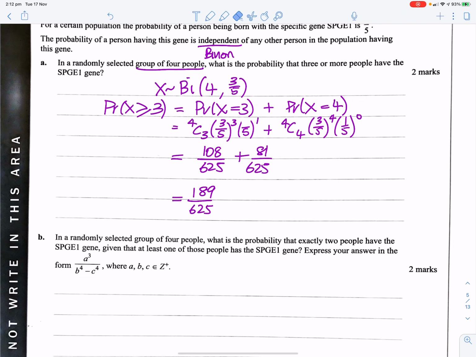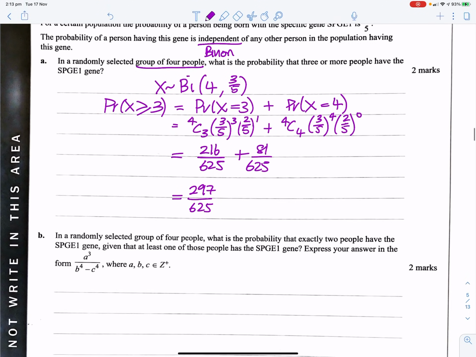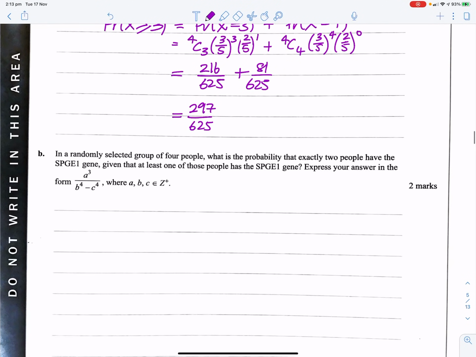That's 2/5. I can't add. So we've got to times that by 2, which is 216, which means it's 297. Usually they give you ones. I don't know what I just did then.